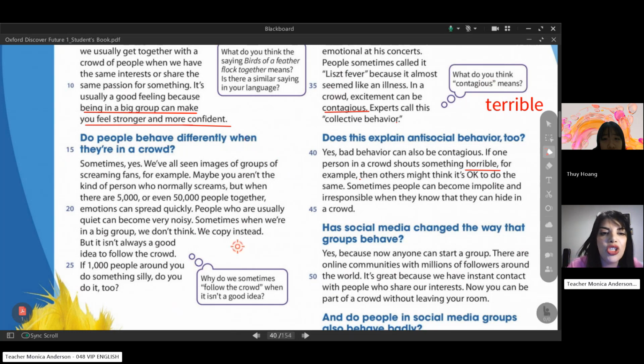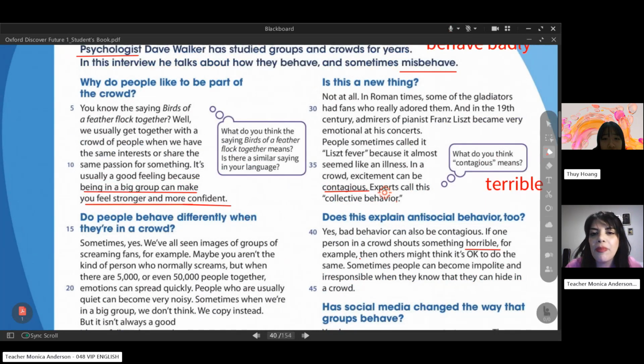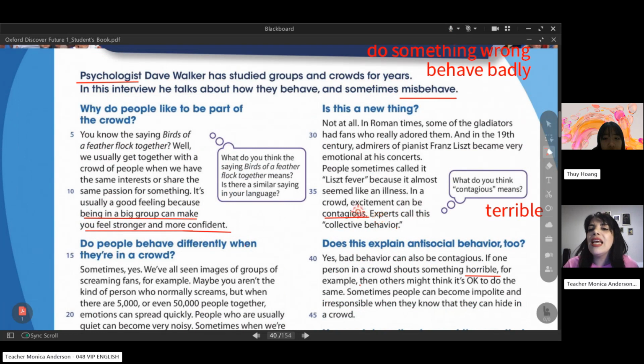Catching. Look, let me show you something. Excitement can be contagious. So it means, for example, cold is contagious. It means if your friend has a cold, you can catch cold from your friend.